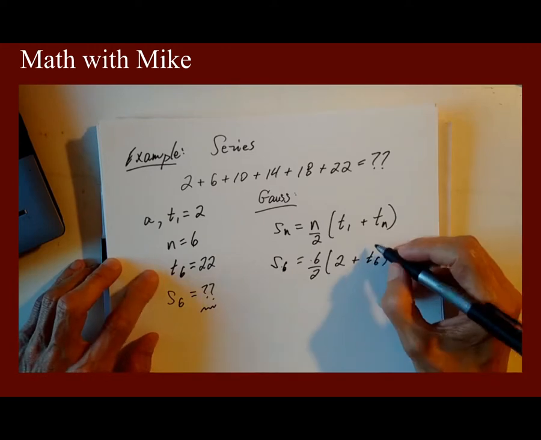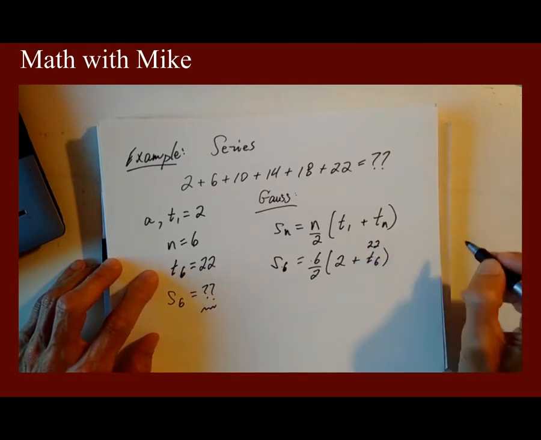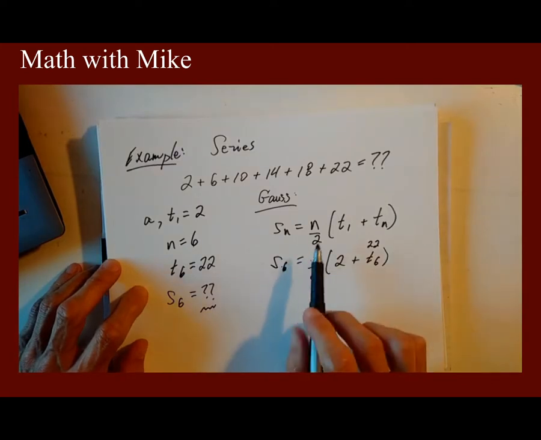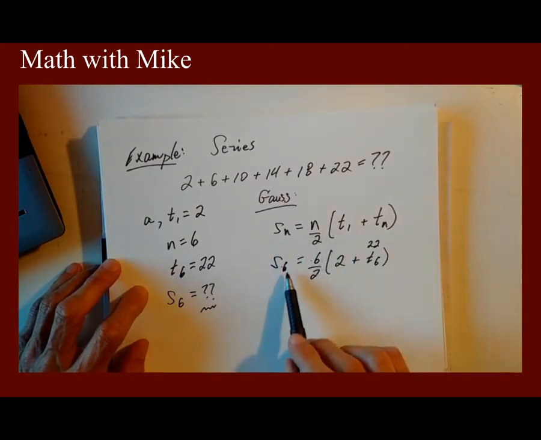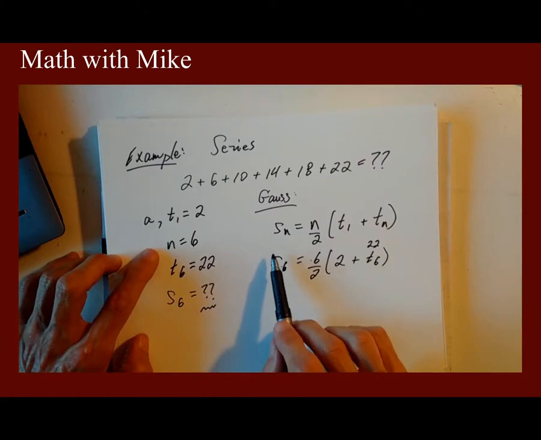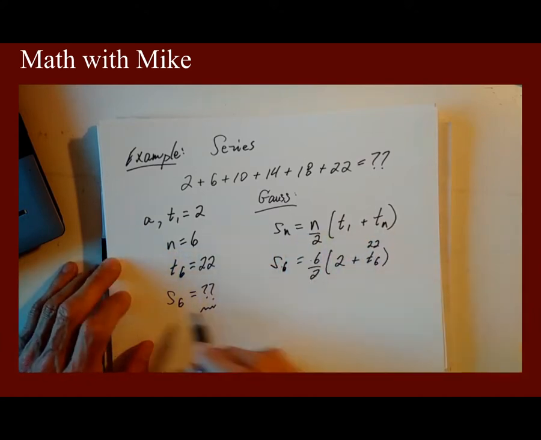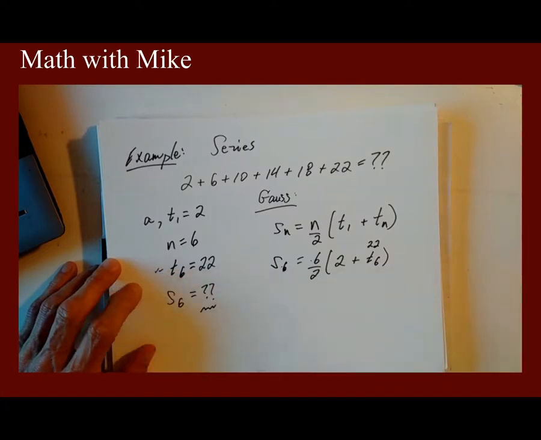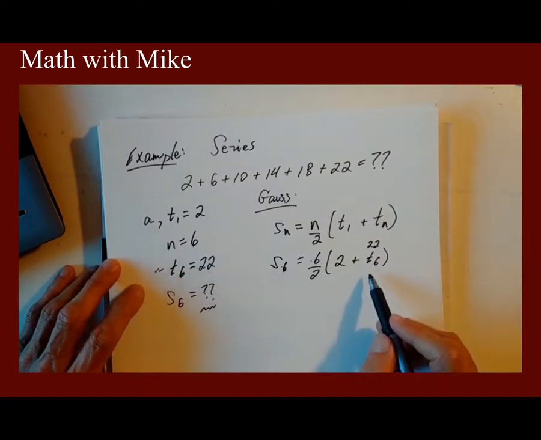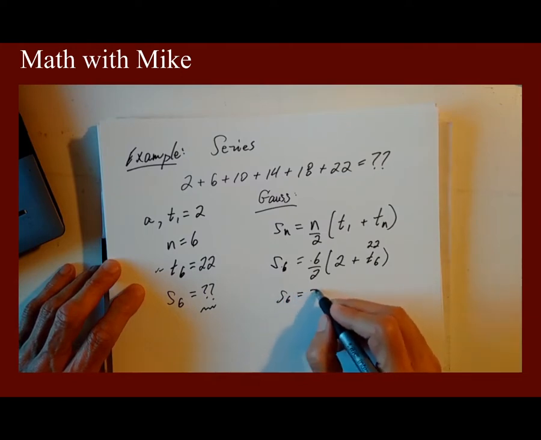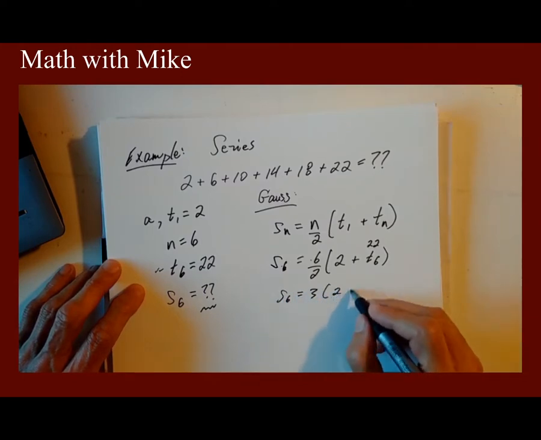But we know what this is. That's just 22. So a little sloppy there, but I just wanted to show you that when n gets replaced, it gets replaced everywhere. So n is 6, so that's a 6, that's a 6, and that's a 6. But we can improve on that last term here because we know it's 22. So once you get good at this, you don't really need that.